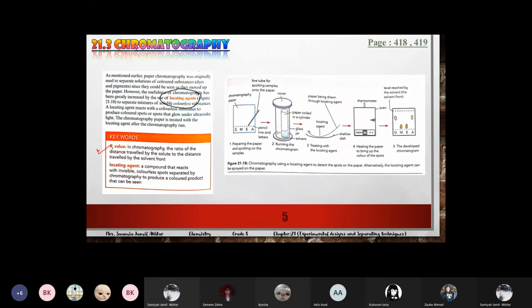So, girls, locating agents are chemicals which we spray on the substances which are not colored. Sometimes the pigments are not colored. So after performing chromatography, as you can see here in this picture, we have a chromatography paper, we put some spots, and after the water has traveled and after we dry it, sometimes we cannot see the spots on the filter paper.